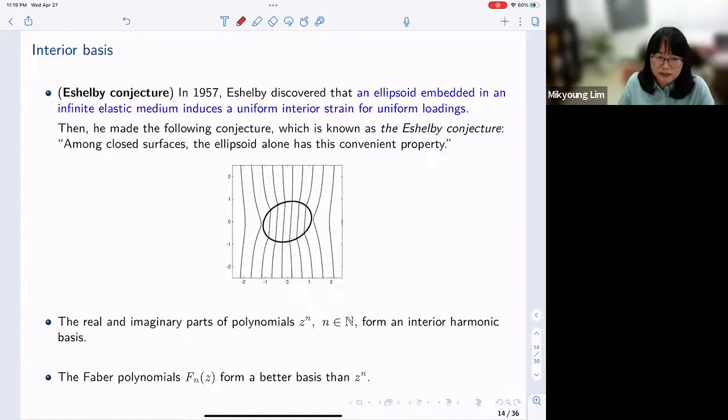So the real and imaginary parts of polynomials actually form an interior harmonic basis. So we don't need to use the interior conformal mapping to define an interior coordinate or interior harmonic basis. But then the Faber polynomials, I will explain in the following slide. The Faber polynomials form a better basis than the monomial functions z to the n.